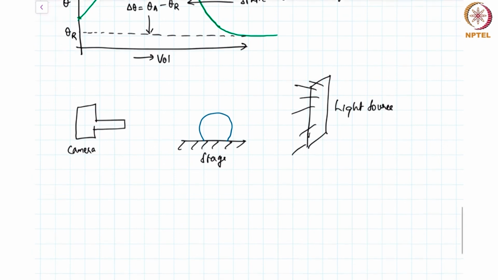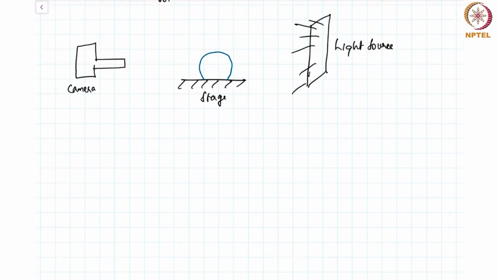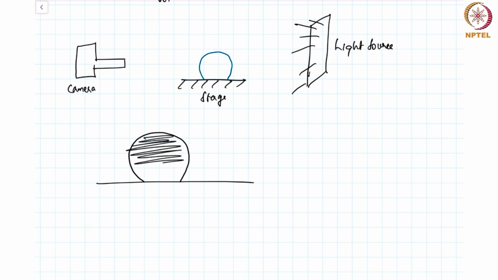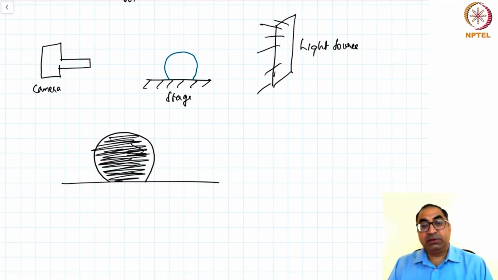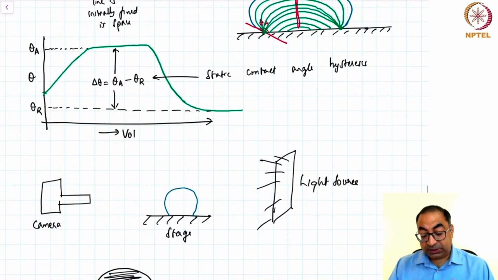So if you do an experiment like this, the droplet will appear like this, completely dark. You have a dark droplet and the rest of it tends to be bright, and from this we can use image processing algorithms to get the shape of the interface and hence the contact angle.